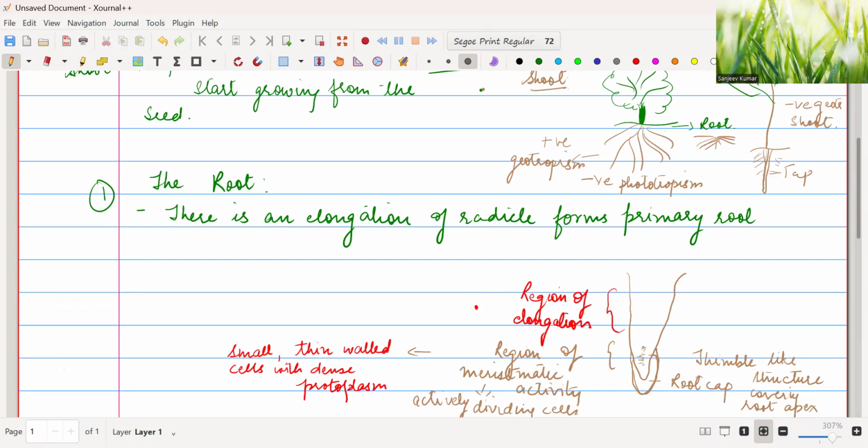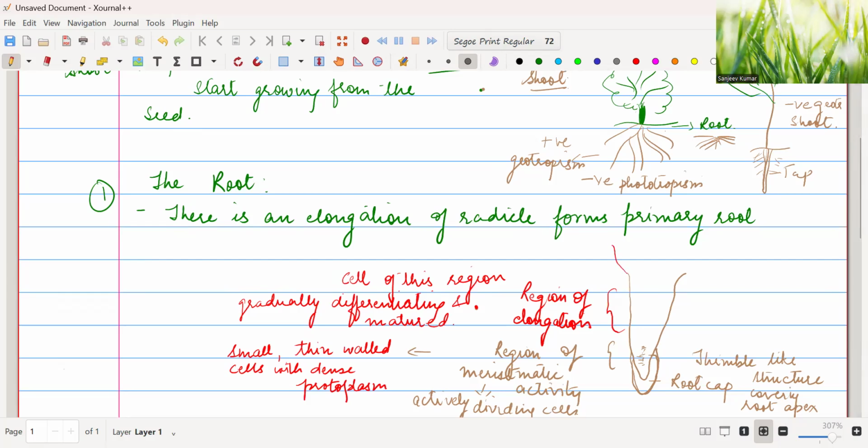So the cells of this region are gradually differentiating and getting matured.